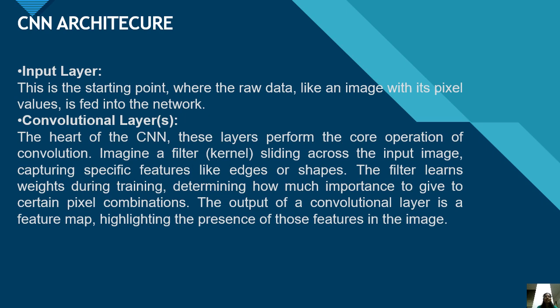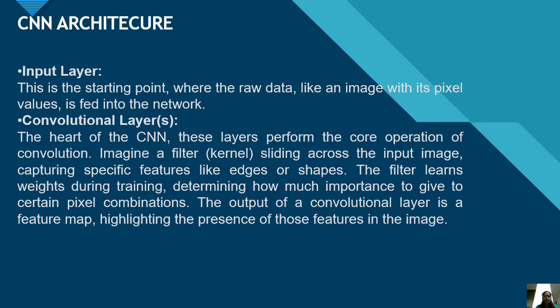Then the convolutional layers. The convolutional layer is the heart of the CNN architecture. These layers perform the core operation of convolution. Imagine a filter, for example a kernel, that slides across the input image and captures specific features like edges or shapes.